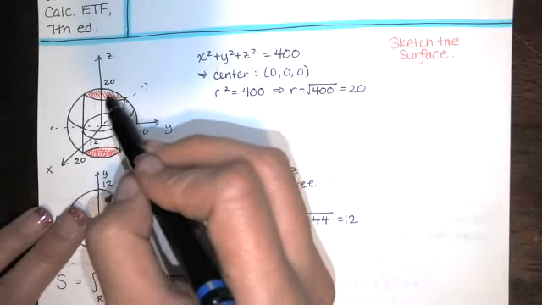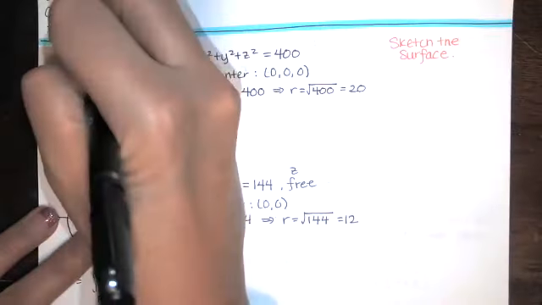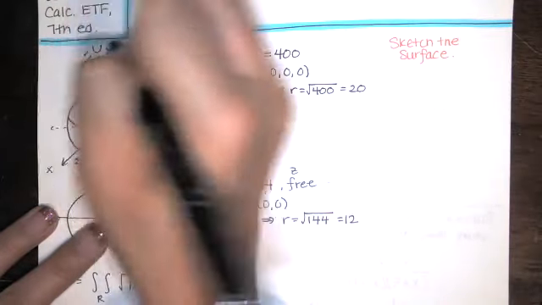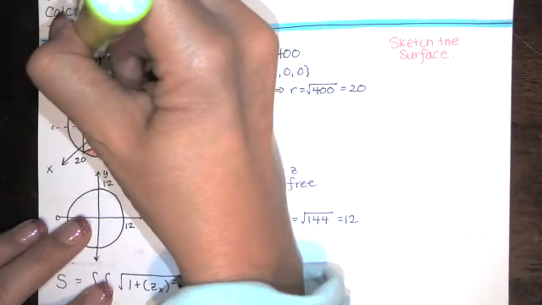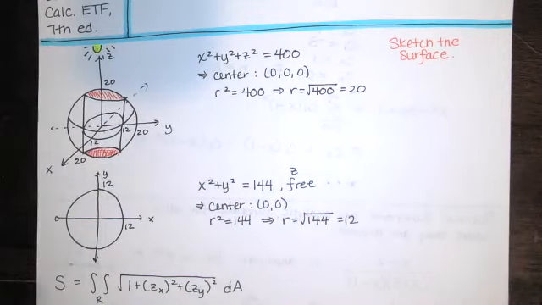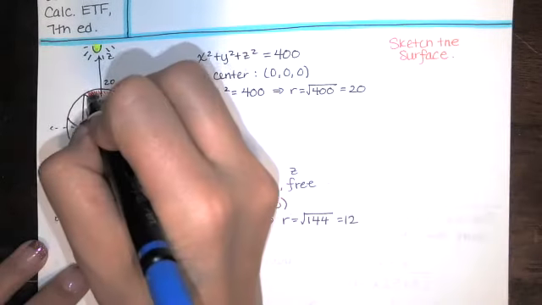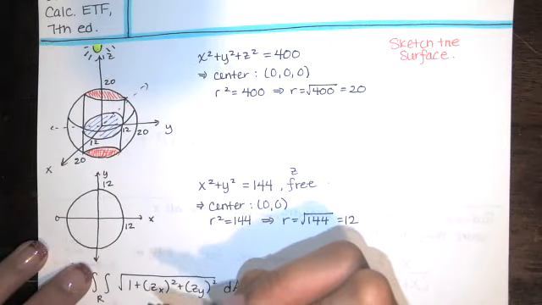So I'm looking at the projection of the surface onto the XY plane. When I say projection, what I mean is if the sun was up here casting a shadow on my surface like this, the question is, what would that shadow look like? Well, that shadow would look like that.